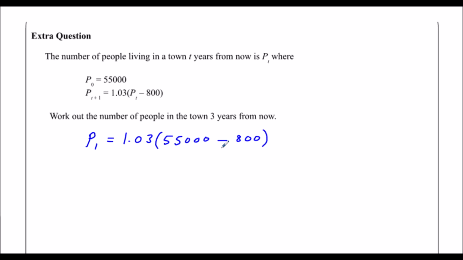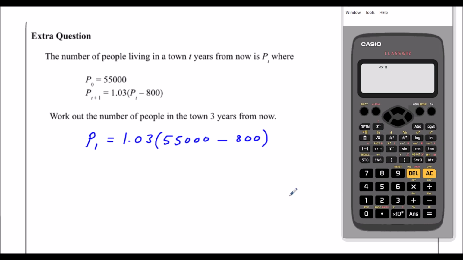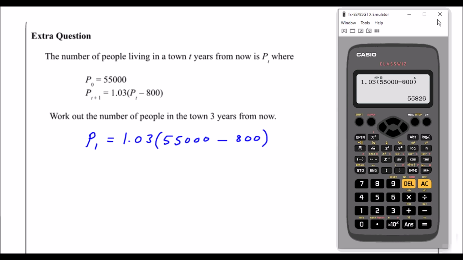So this will tell us the number of people in the town 1 year from now. So we're substituting in the original, and we're going to get out our first answer. So 1.03 times 55,000 minus 800. Type it in the calculator and we get out 55,826.